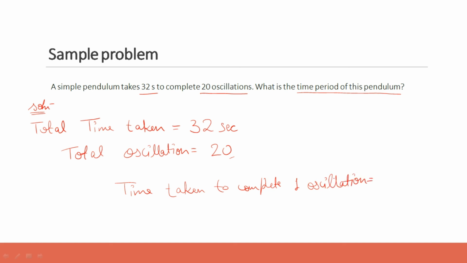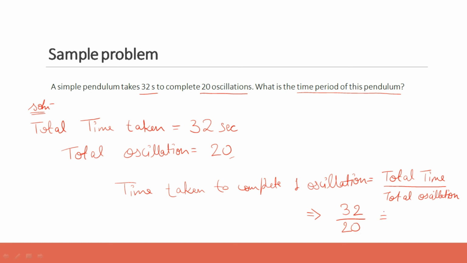We can find it simply by dividing the total time by the number of oscillations, and we will get the time for one oscillation. So the total time is 32 seconds and total oscillations are 20.